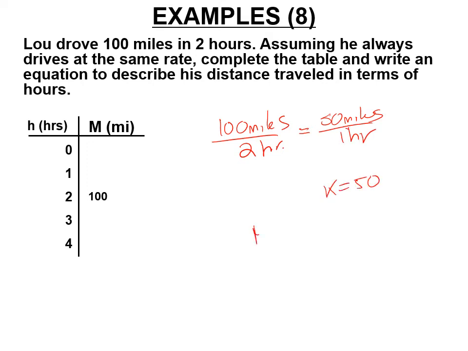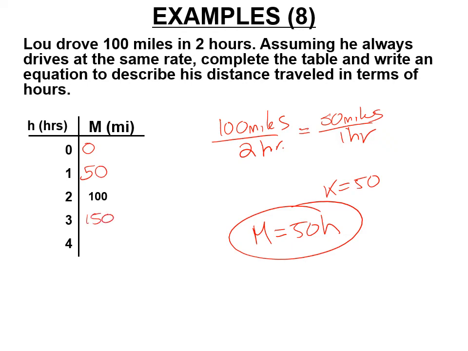And the equation is the number of miles equals 50 times the number of hours. So in 0 hours, he drove 0, because 50 times 0 is 0. And in 1, he drove 50. In 2, he drove 100. In 3, he drove 150. And in 4, he drove 200 miles. The miles will always be 50 times the number of hours.